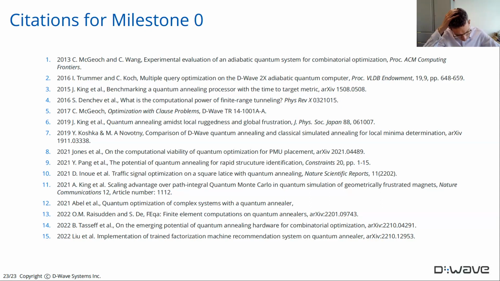So you said at one point that the chain length was inversely proportional to the number of qubits, which confused me. Could you explain? Yeah, sorry, I misspoke.